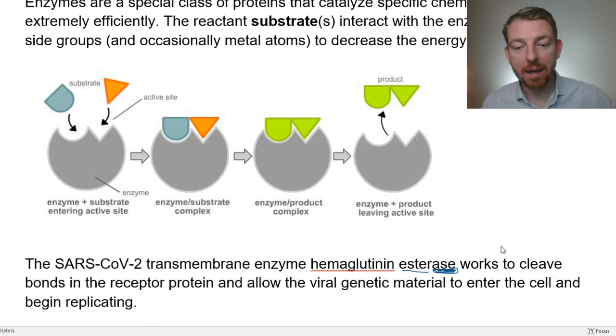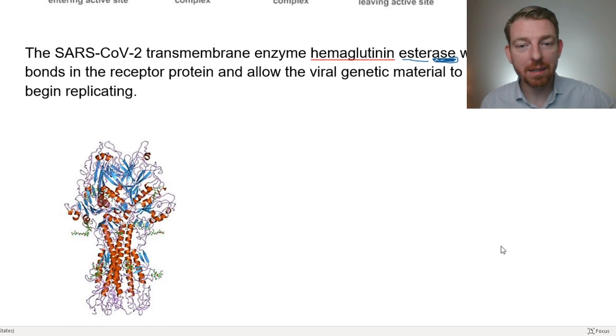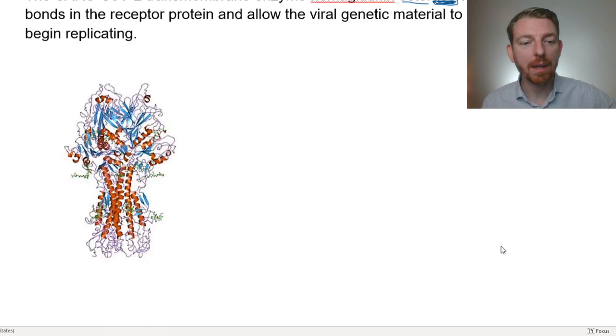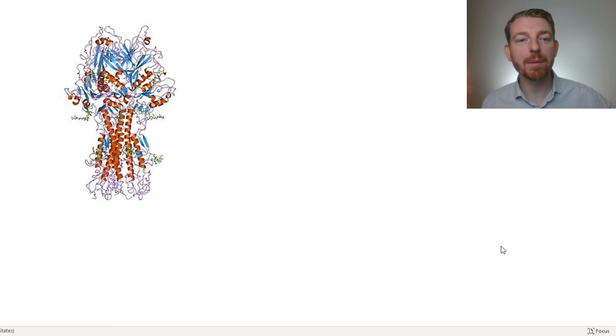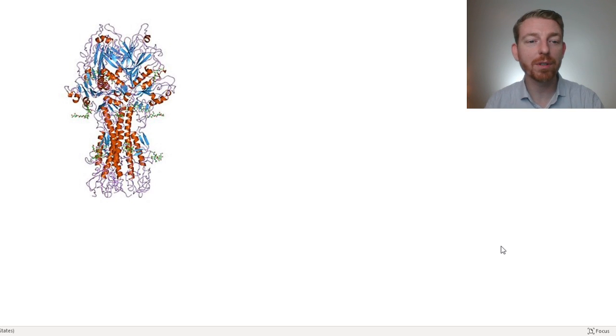So this is its hemagglutinin esterase, part of the system of proteins that it has on the viral surface that are working against us. It connects with the spike.